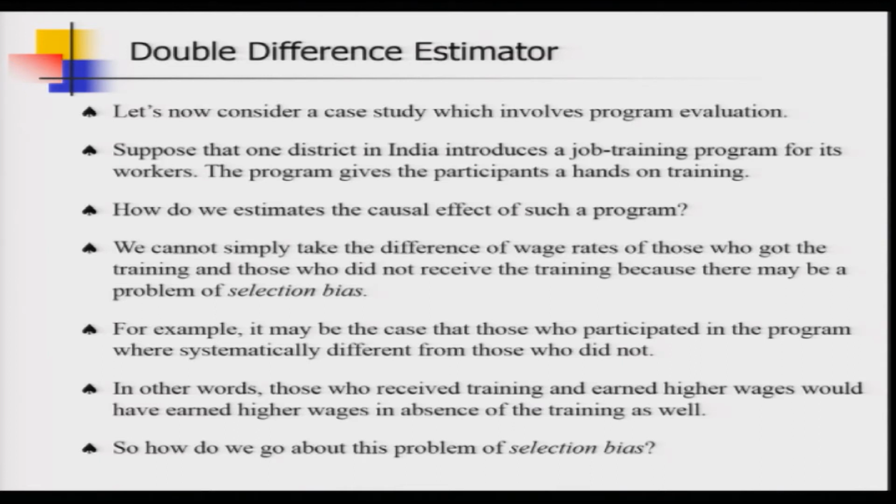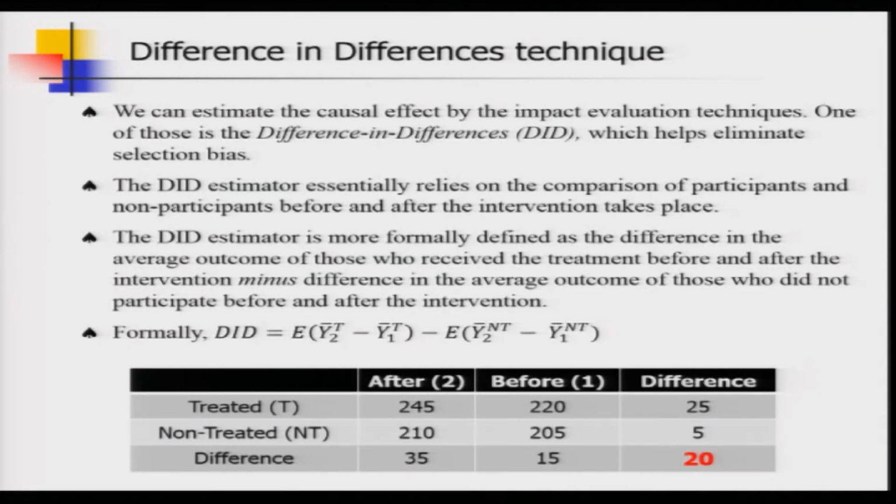Again the problem of self selection bias is appearing here. Now, how to solve that issue? Here we propose the DID technique, and we can estimate the causal effect by the DID technique, which helps us to eliminate the selection bias.